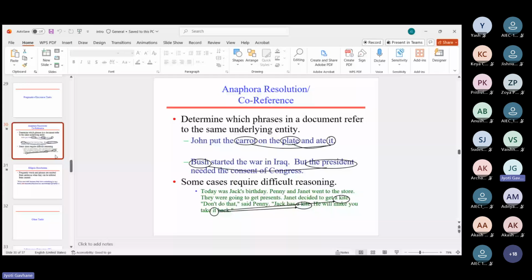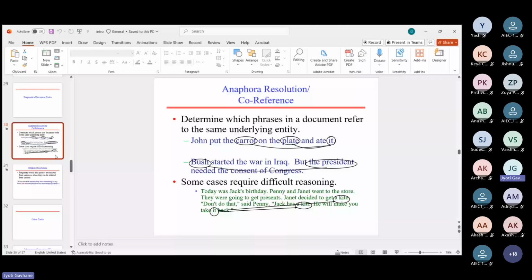Now determine which phrases in the document refer to the same underlying entity. पहले स्टेटमेंट में अगर मैंने लिखा हर्षल is a good boy, he is sincere, he is doing his assignments every day. अगर मैं ये सब बोल रही हूँ, so he, his, these words are related to the boy called Harshal. Okay, this is just an example. हम रेफर कर रहे हैं, किसके साथ रेफर कर रहे हैं? It does matter in the anaphora resolution.